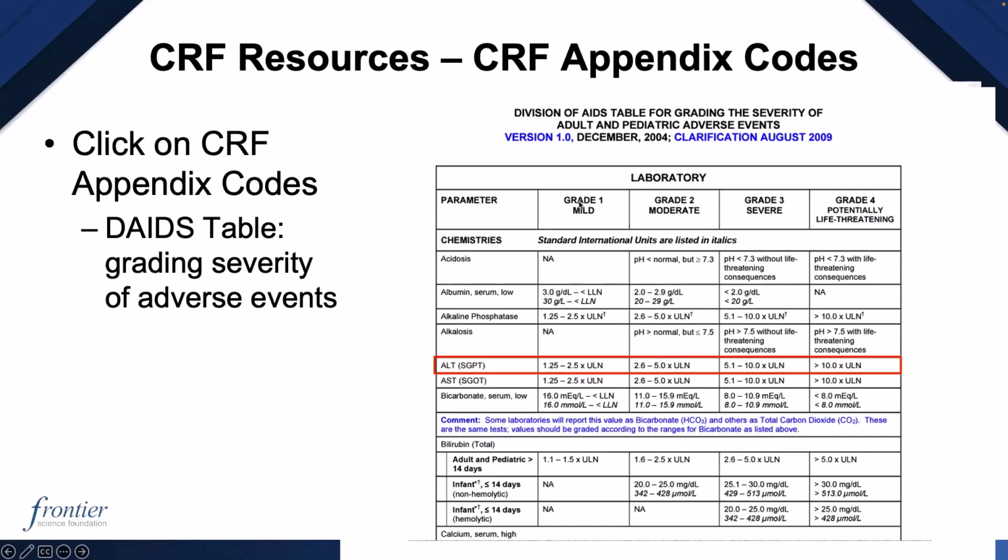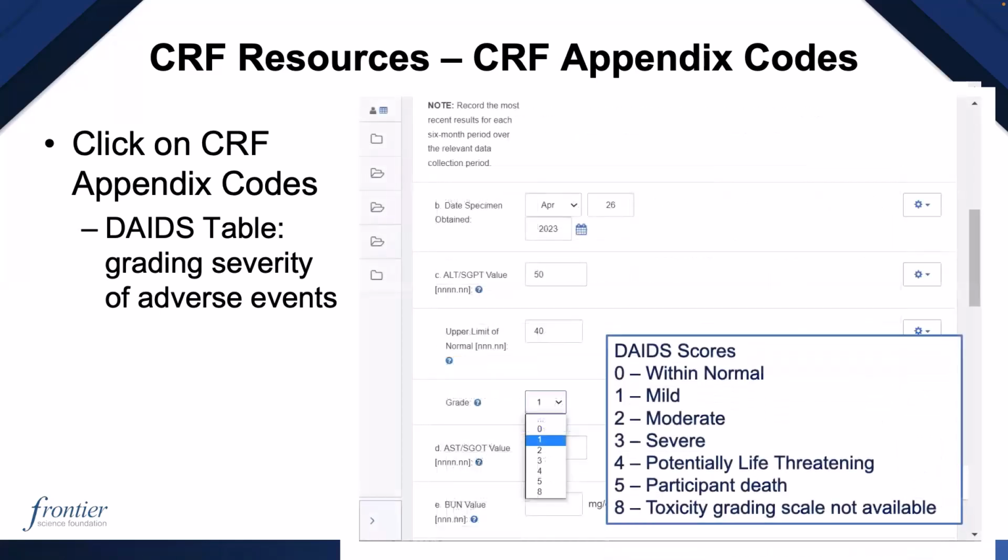grade of 1 or mild, and a grade between 2.5 to 5 times the upper limit of normal would be moderate, etc. So returning to our CRF, we're going to take a look at the summary of DAIDS scores one more time.